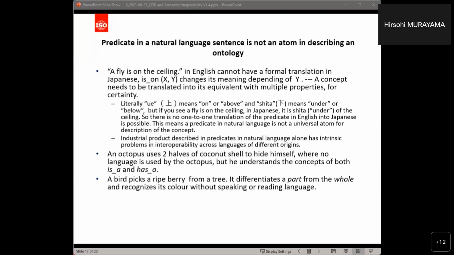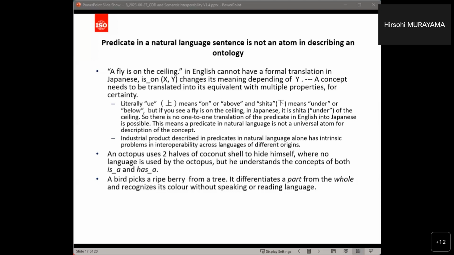And the second thing I described: an octopus uses two halves of a coconut shell to hide himself, where no language is used by the octopus.